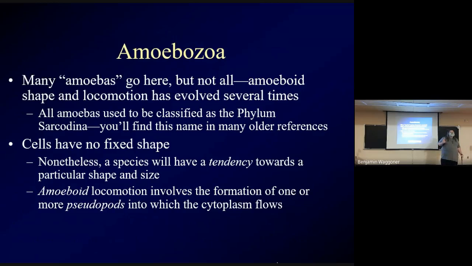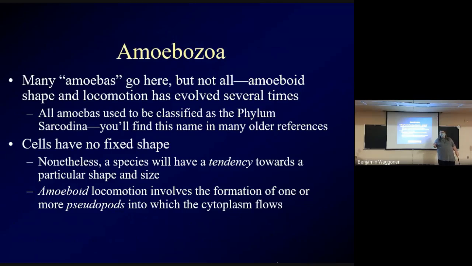Right, amoebas don't have any fixed shape. They do have a tendency towards a particular shape and size. So some amoebas have many lobes sticking out from the main body of the cell that are called pseudopods. Others have few.